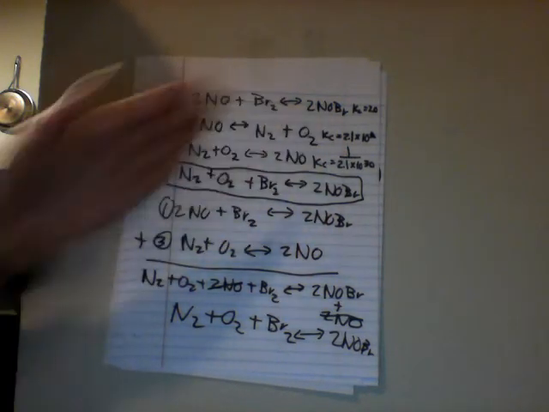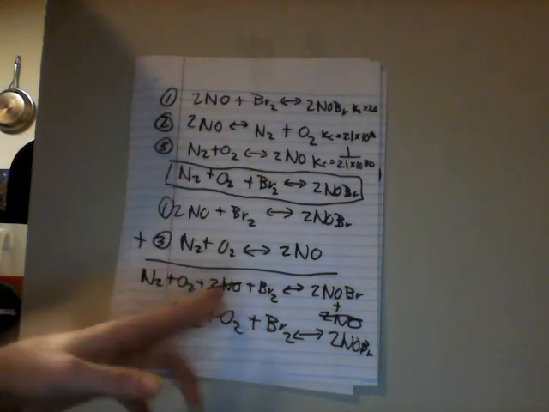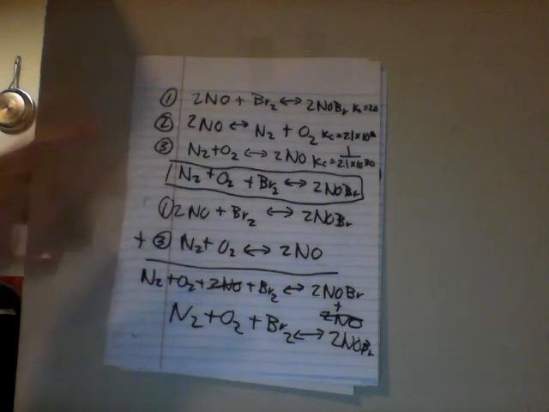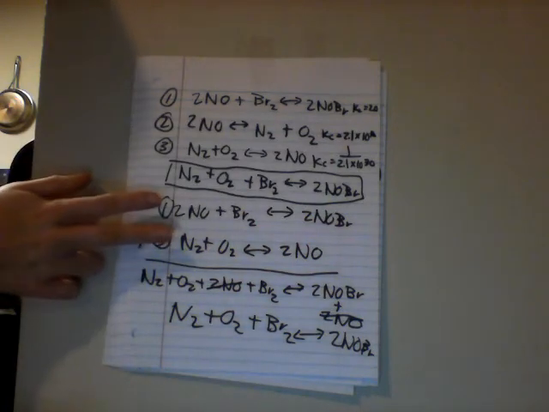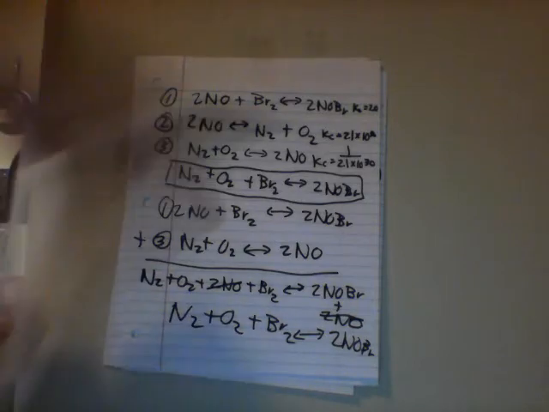So when I add, okay, so I added 1 and 3 together. I swapped the second one and created a number 3. Now I need to multiply these two Kc values for 1 and 3 together in order to get my Kc for the entire reaction. So let me go ahead and do that.